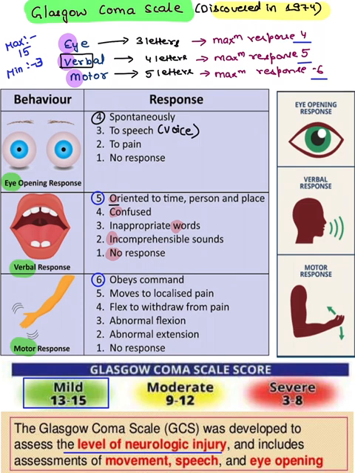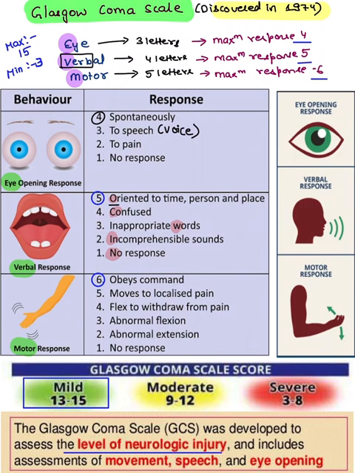Now motor is 5 letters, so the maximum response would be 6, that is OLDBEN. O means obeys command, L means localizes to pain, D means draws away from pain, B means bends, that is flexion, and E means extension. Which one has E? Decerebrate. So abnormal extension is decerebrate, while abnormal flexion is decorticate.